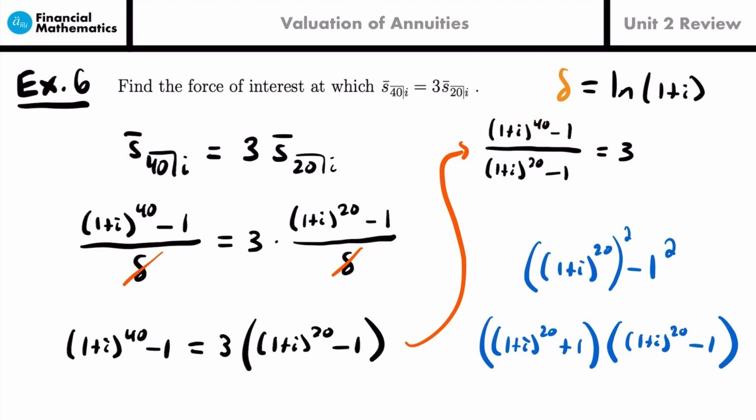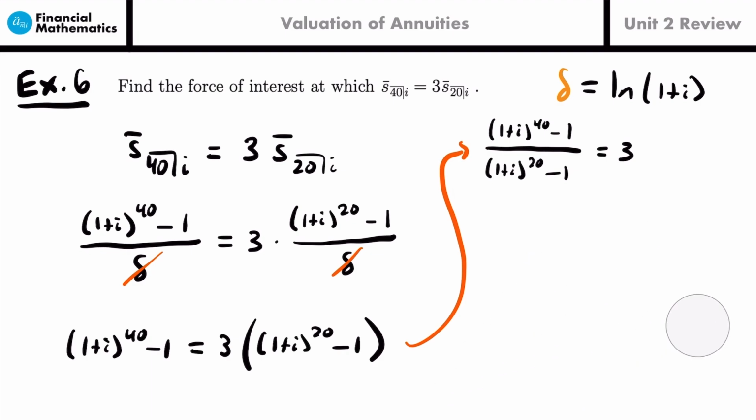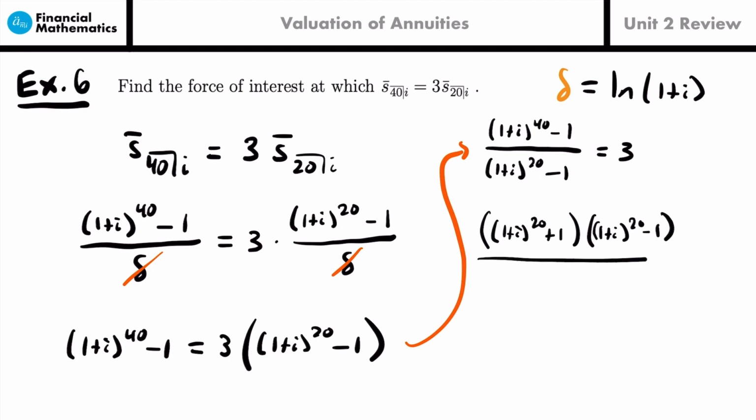Let's do that, and I think you'll see how that helps us solve for the interest rate. We have 1 plus i to the power of 20 plus 1, times 1 plus i to the power of 20 minus 1, divided by 1 plus i to the power of 20 minus 1, and this is equal to 3.